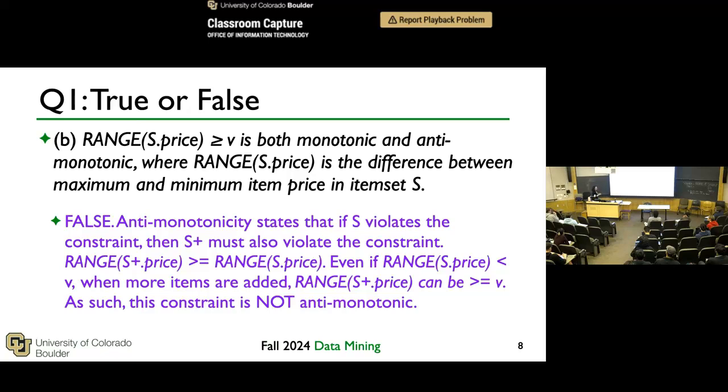Let me write it out. We're basically switching the direction of the rule.